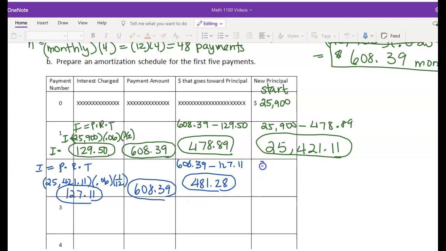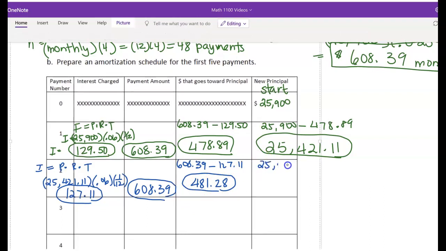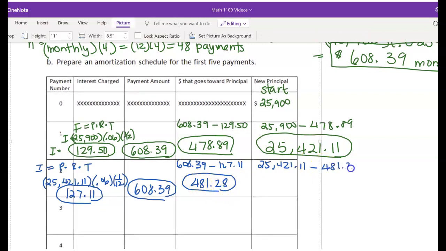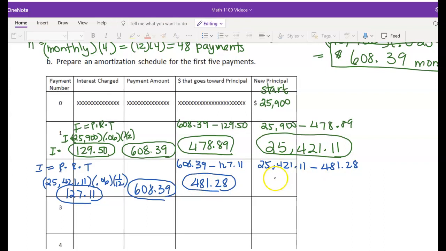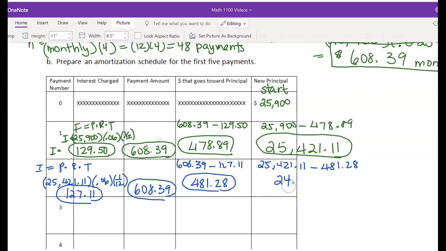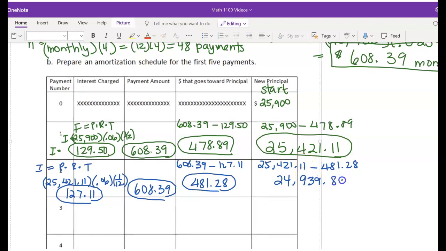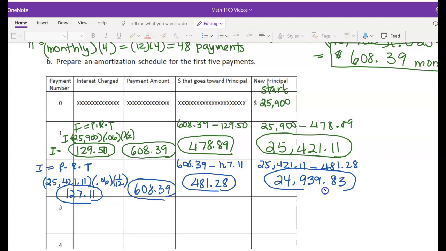So our balance is going to change. It was that $25,000 amount, and we get to reduce it by the $481 that we're paying. And it's now down to $24,939.83. And we're going to keep going.